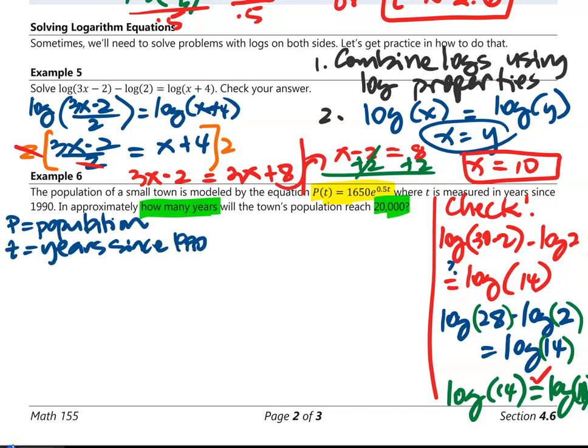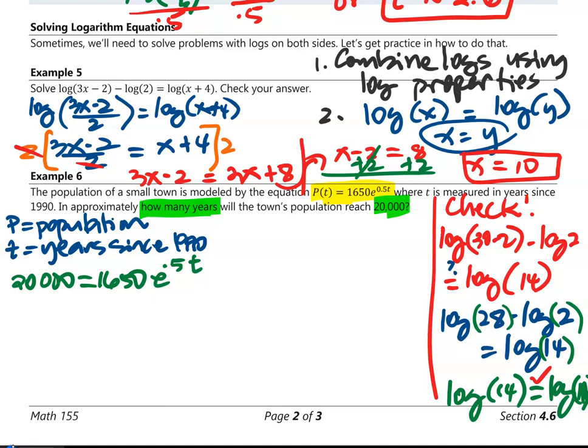Based on the problem, P is the population and t is the years since 1990. So again, the question is, in approximately how many years will the town's population reach 20,000? So the population is 20,000. The question is how many years, so we want to solve for that t, given this P of t, 1650 e to the power of 0.5 t.